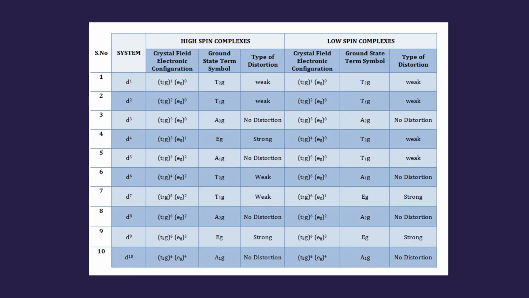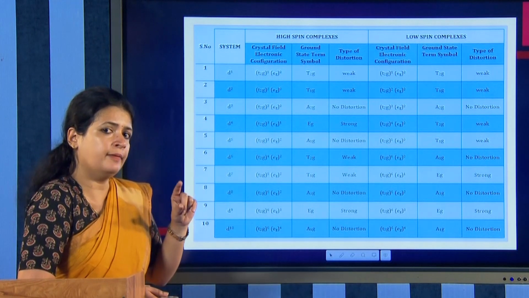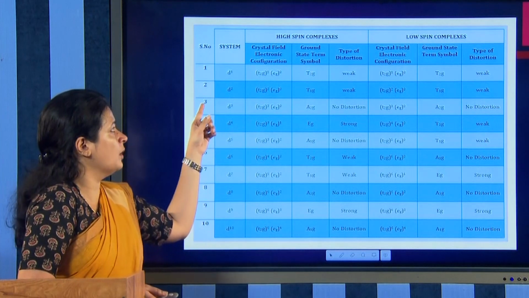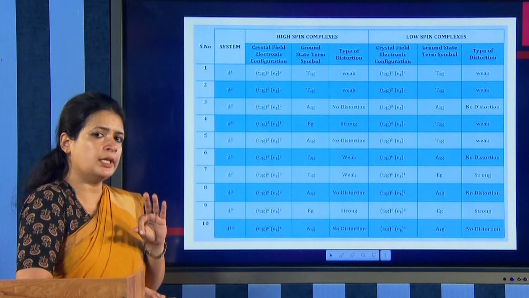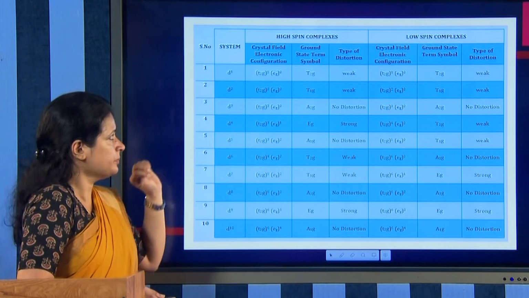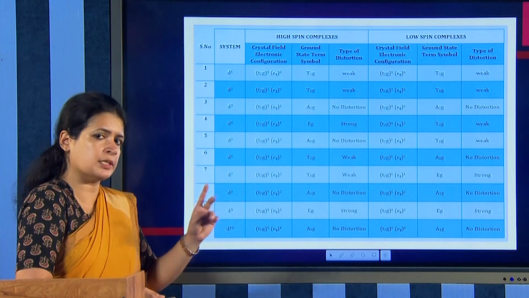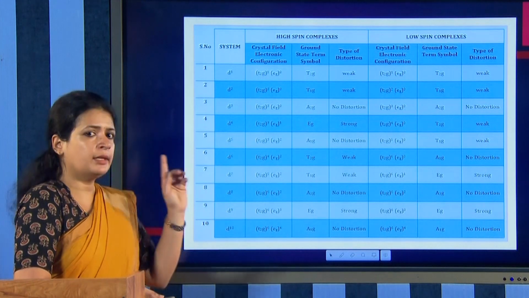When we consider different systems, d1 to d10, in the first case, a d1 system means one electron in the d orbital. In an octahedral field, that one electron will move to the t2g orbitals. You have three t2g orbitals, dxz, dyz and dxy, and that electron may go to any of these three, so there are three possibilities.